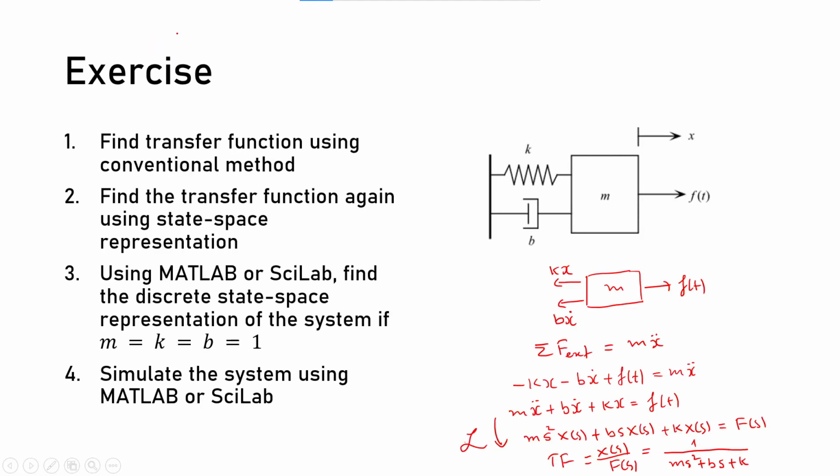So next for question number 2, you need to transform this equation, the ordinary differential equation, into state space. So m h double dot plus b h dot plus k h equal to f of t.